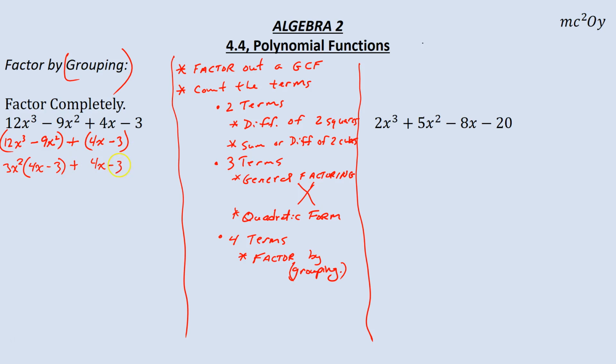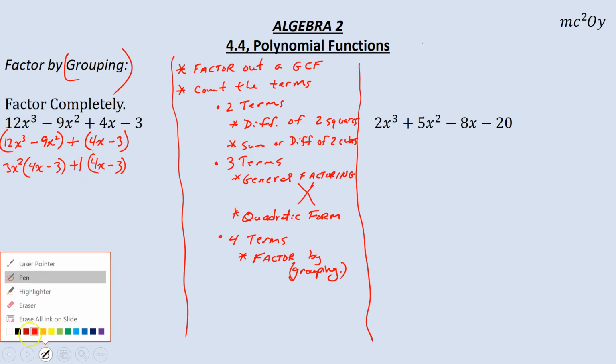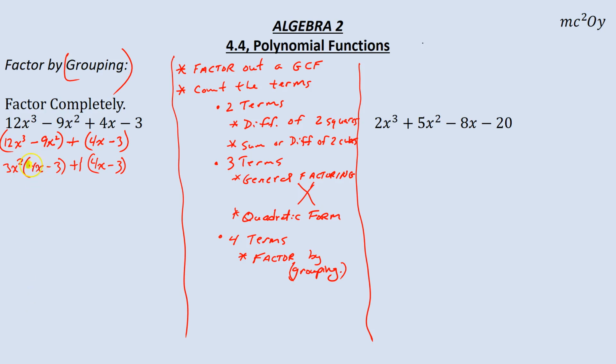So just keep that. But what you're trying to do with factor by grouping is get the same sets of parentheses, which we've done here. You have 1 times 4x minus 3 here, and you have 3x squared times 4x minus 3. Okay, so there's actually a 1 hidden right in front there. And we just don't show it because when we multiply by 1, we never show that. But the important thing is that this and this are the same.